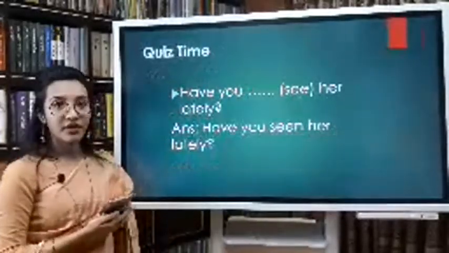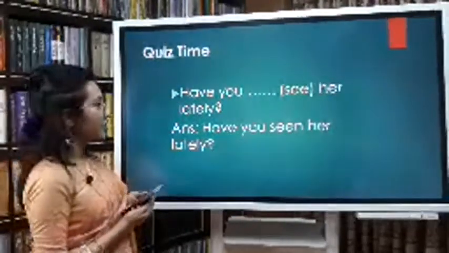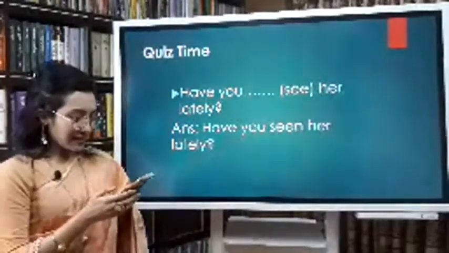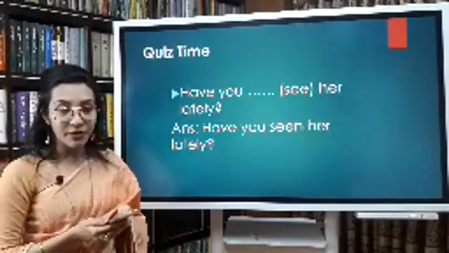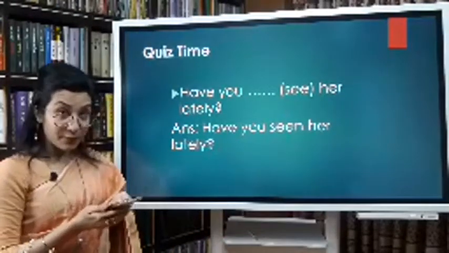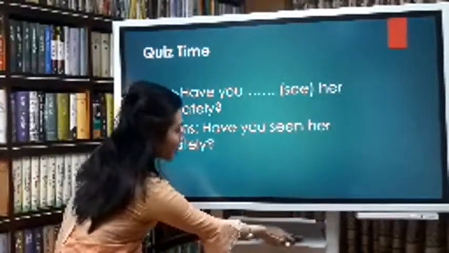Lately, recently. For that reason, we have used the correct form of the verb seen. Thank you so much for sending your answers so quickly, and please stay with us. We are moving on to the next rule.